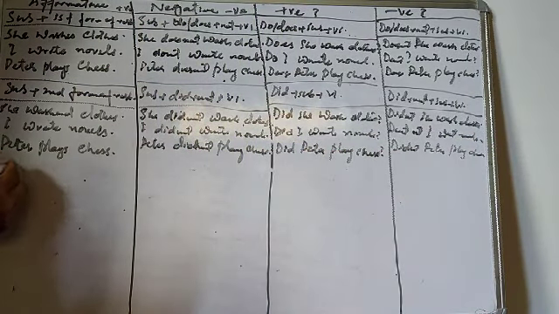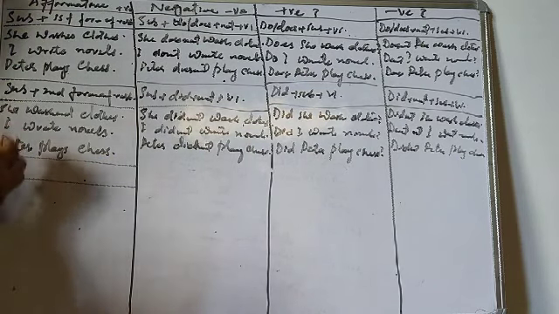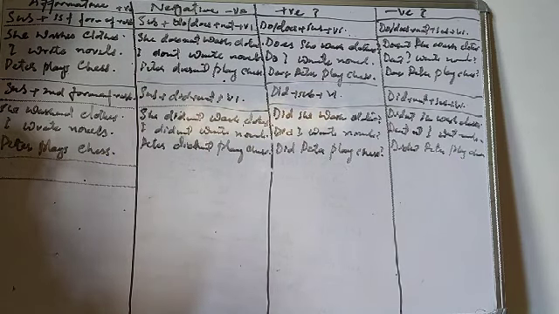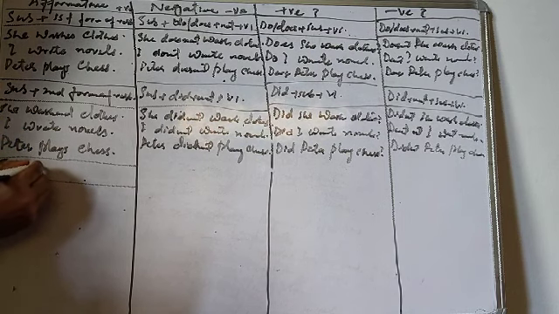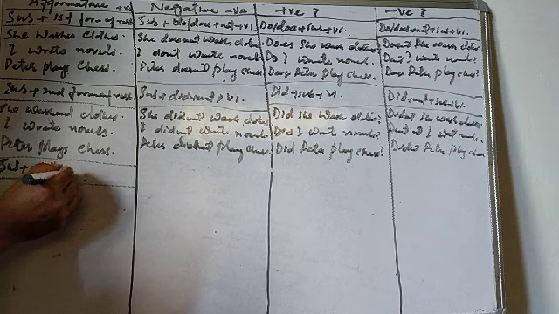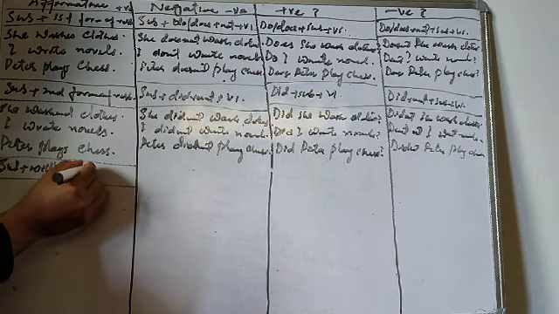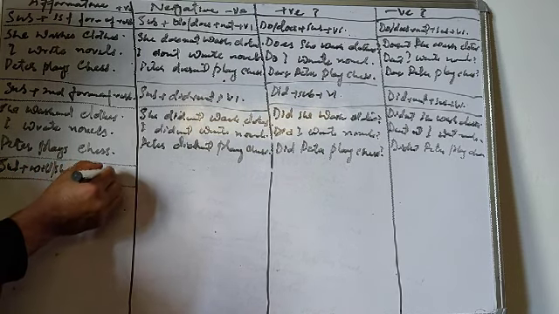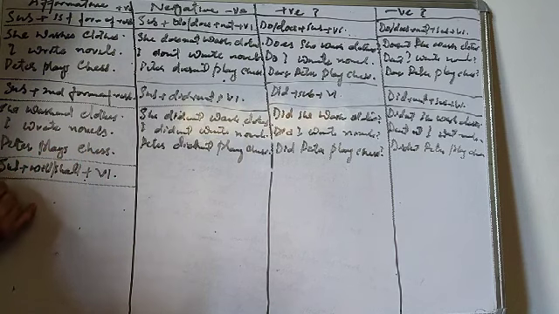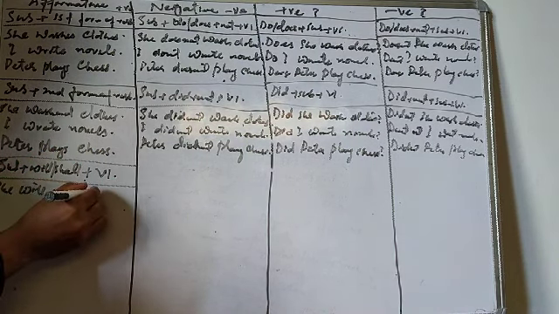Okay, it's the last one. Future. How will we make future indefinite tense? It will be like this: subject plus will or shall plus V1, first form of verb. She will wash clothes.